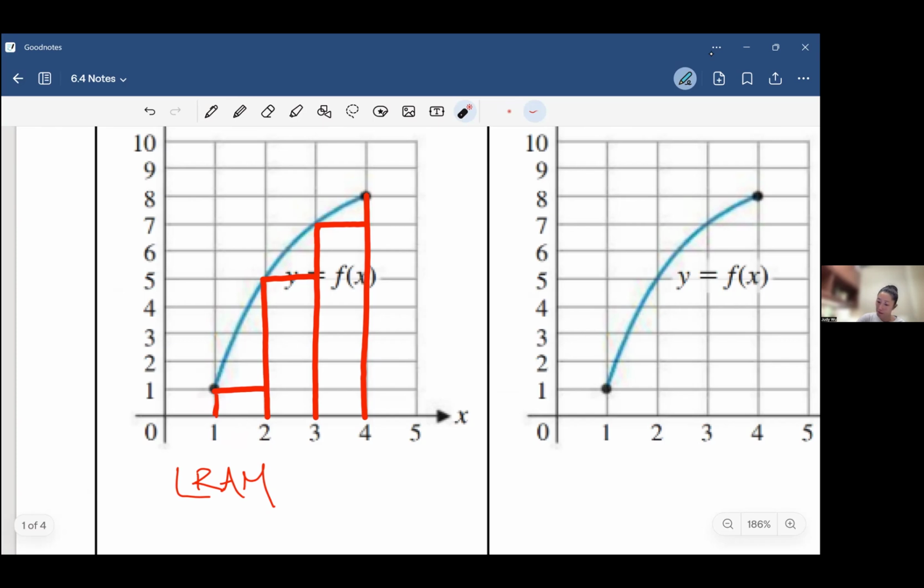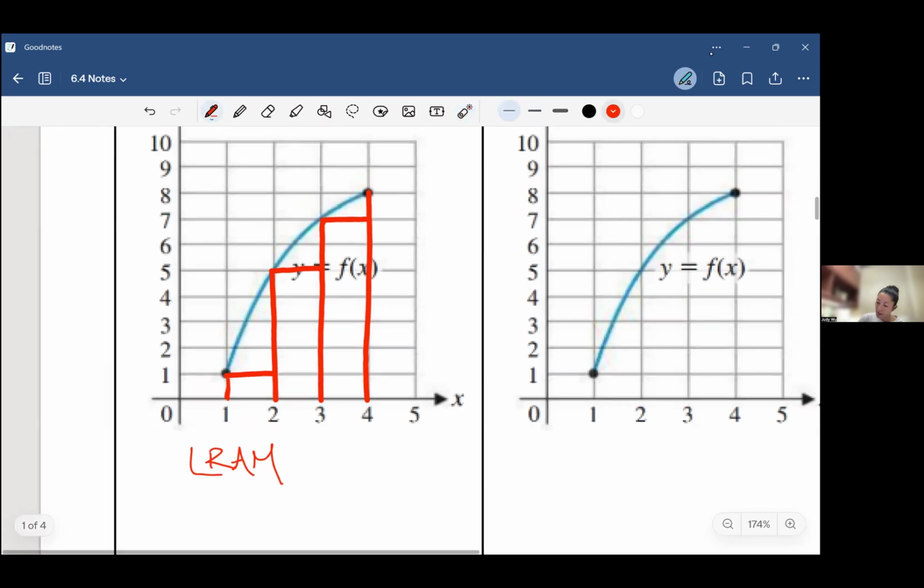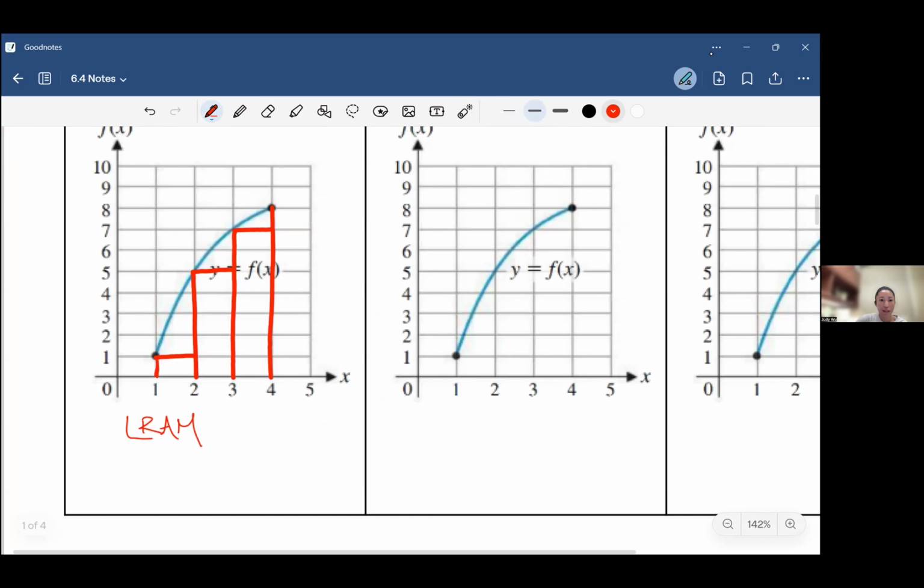Okay, so the L stands for that left y value. All right. And then we can only assume that if we can divide these into 3 rectangles and come up with heights from the left, well, we could also do that from the right-hand side, right? So for the first rectangle, I could choose the right y value. And for the second rectangle, I could choose the right y value. And for the third rectangle, I could choose that right y value.